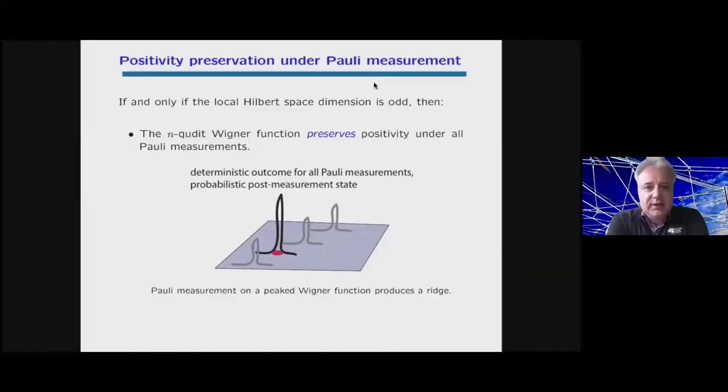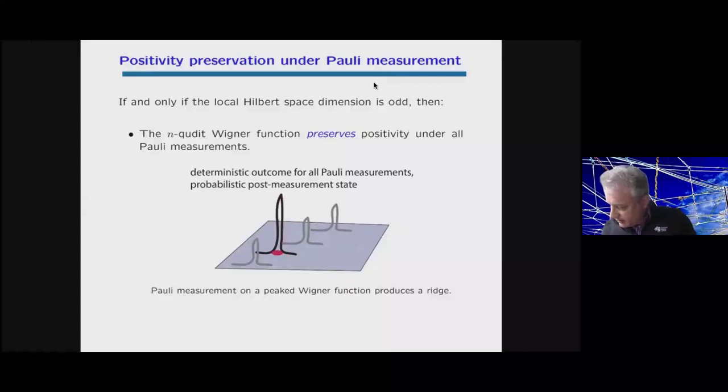The second property of Wigner functions that we need to talk about is preservation of positivity under Pauli measurements. Again, we are looking at a peaked Wigner function. It is not a physical state anyway, but it's something that we can look at from a mathematical perspective. What we find is that if the state represented by that peak is subjected to a Pauli measurement, then it remains positive.